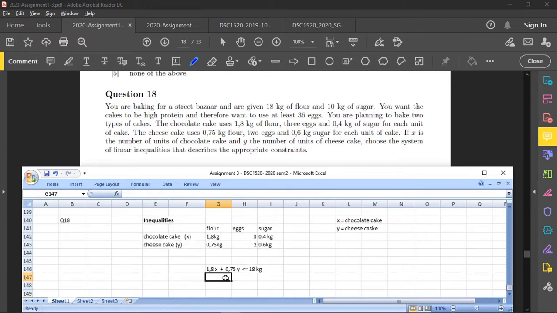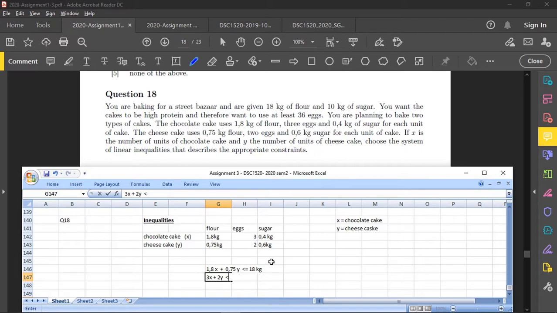Let's do the eggs. The eggs will be 3x plus 2y, and you want the cakes to be high protein and therefore want to use at least 36 eggs.